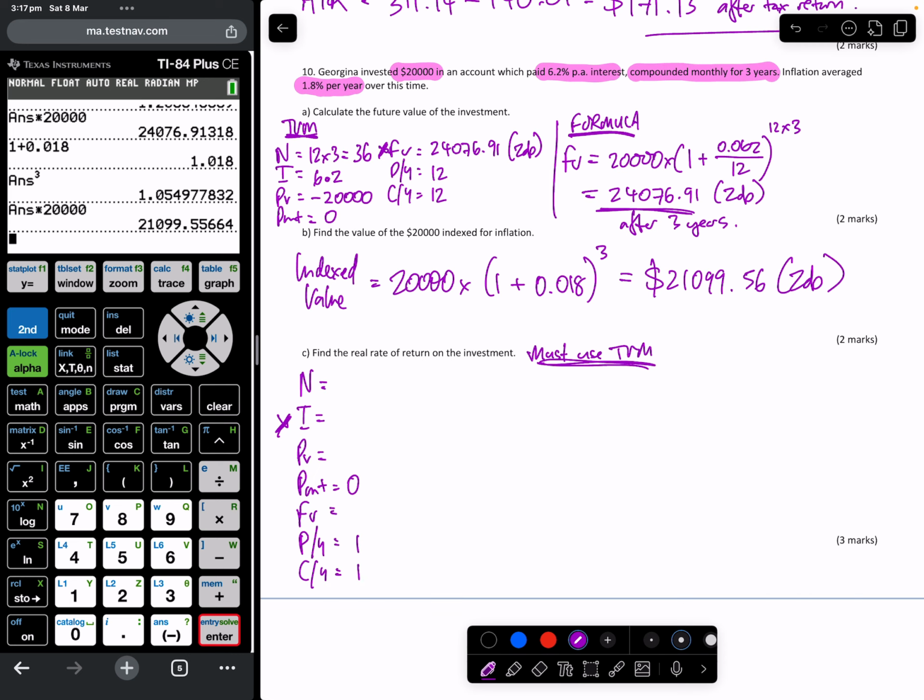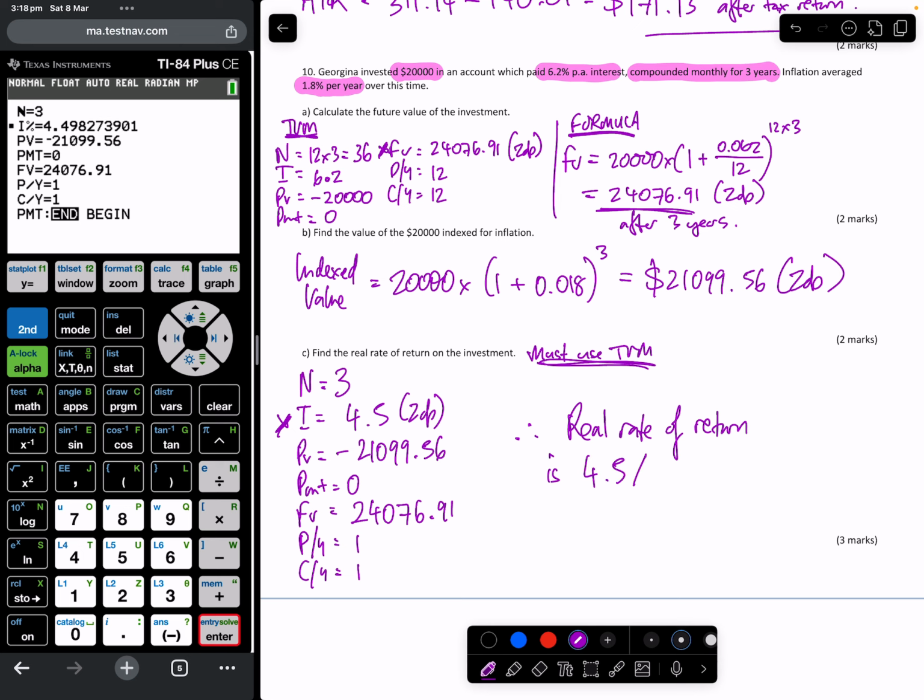Alpha, enter. 4.498, 4.5 to 2 decimal points. Therefore, real rate of return is 4.5% per annum, considering the effect of inflation.